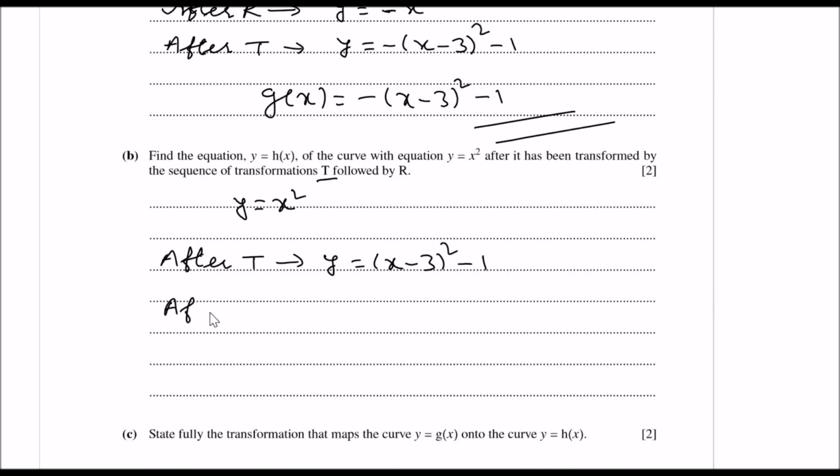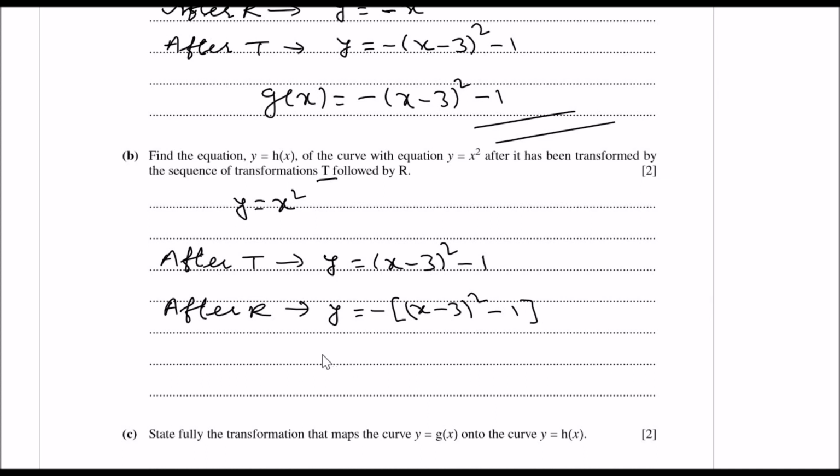So after R, what happens? You have to reflect this in the x-axis. Okay. So if you reflect in x-axis, again y should be negative. That means we need to put minus here in front of what you got after translation. Okay, so (x minus 3) whole square minus 1.